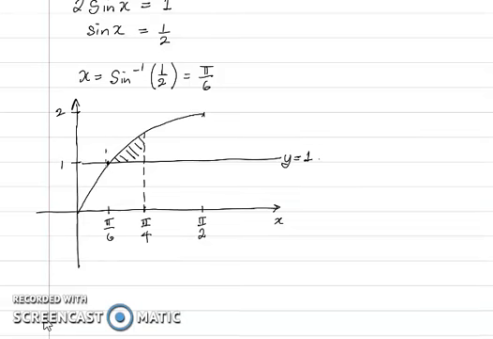That region is bounded by x is equal to pi by 6, x is equal to pi by 4, the graph of y is equal to 2 sine x, and y is equal to 1.